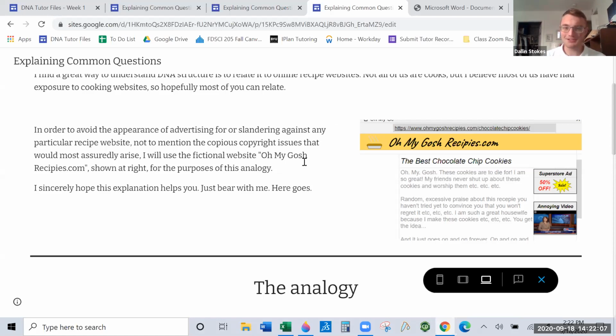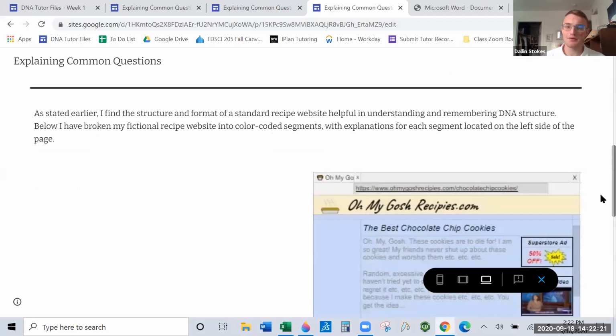If you've ever gone to a website like this, this is a little mock-up one that I did, again, poking fun at them. If you've ever been to get an online recipe, you'll notice that all of these recipe bloggers have a standard format on their website.